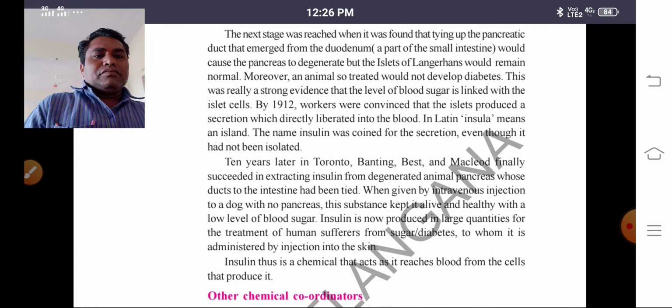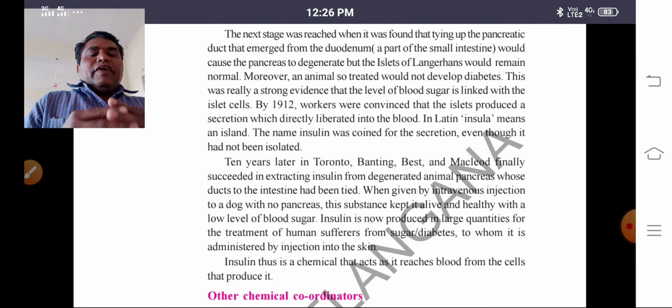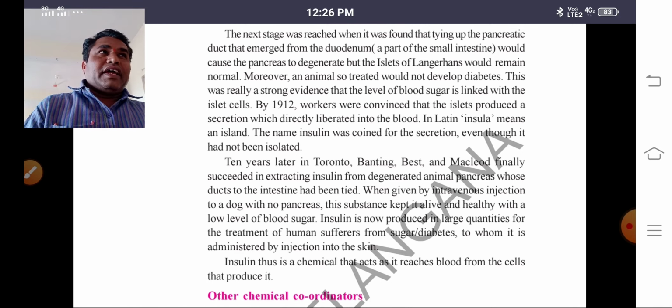So here, when this insulin is secreted by the pancreas, when this insulin is given to the dog, it can survive without pancreas. Why?